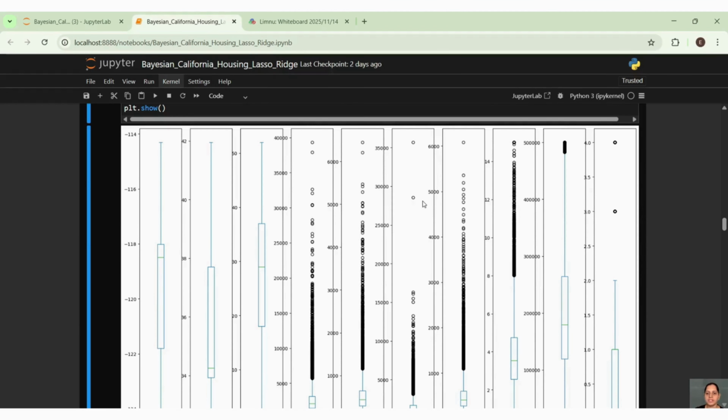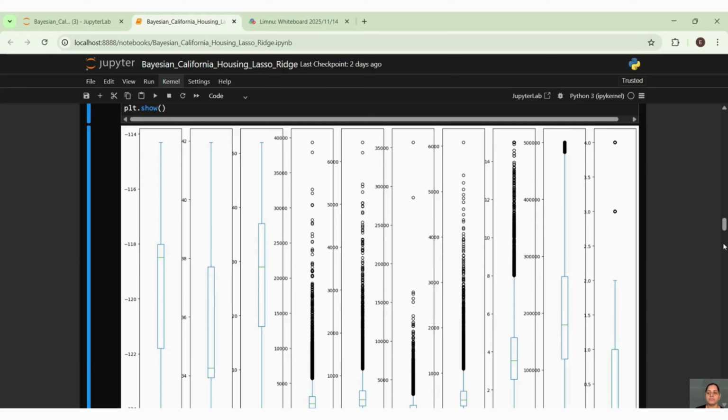One value is present at 27,000 and another at 37,000, right? Then here a few values are not far, like the highest value is ending around 5,500, and we have a few at 6,200 and 6,300.